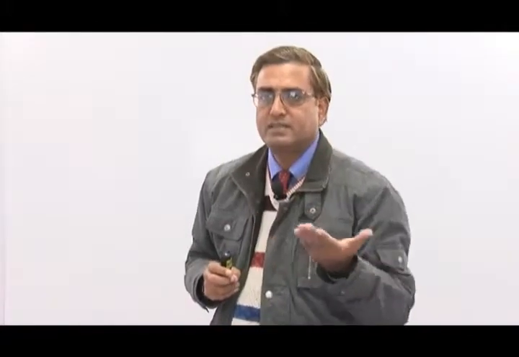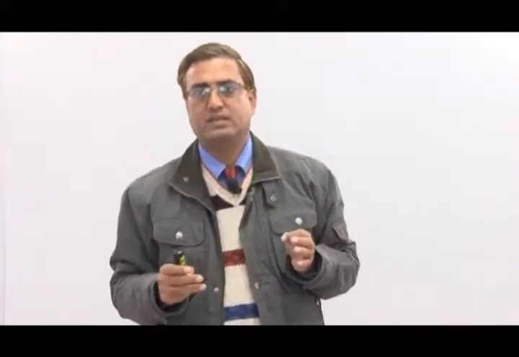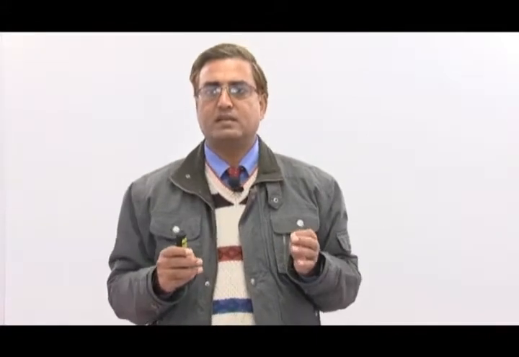This is a plane truss case, in fact a simple plane truss case. The force P is given as 1000 kilonewton, capital L is given as 1 meter, and capital E is given as 210 gigapascal.